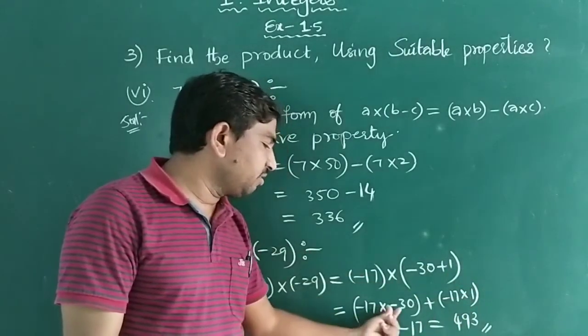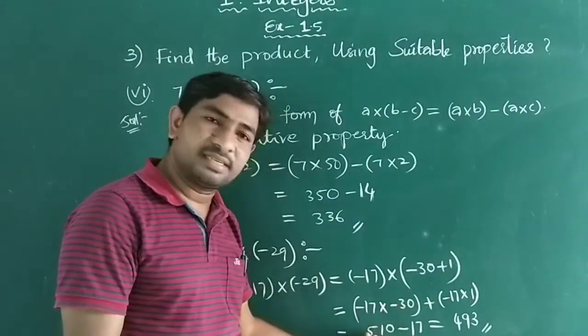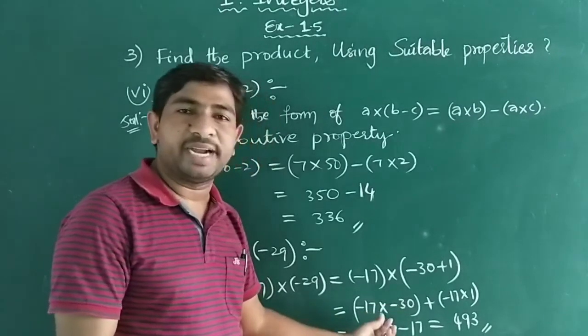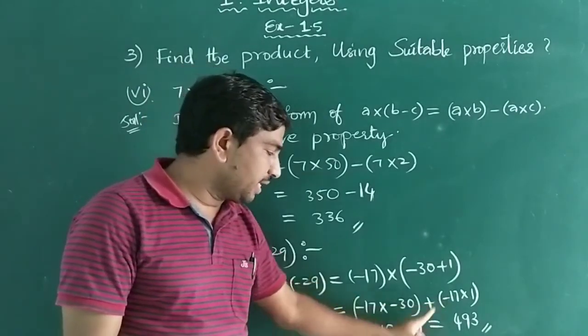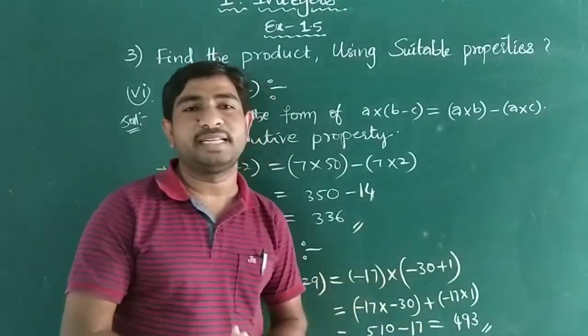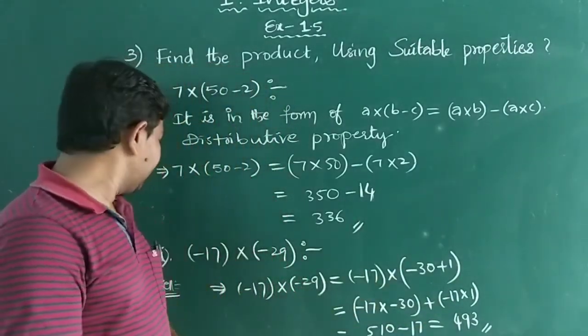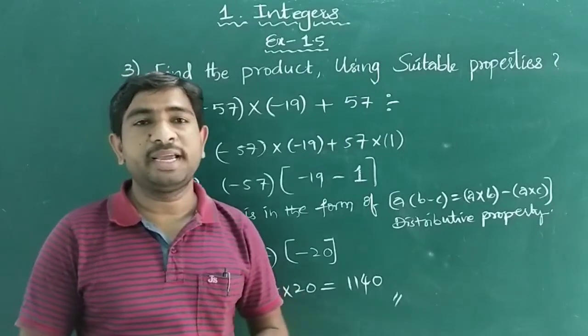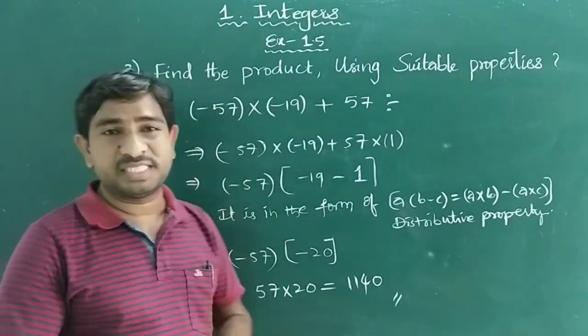Minus 17 into minus 30 means minus into minus is plus, 17 threes are 51, so 510. Here plus into minus is minus 17. 510 minus 17 is equal to 493.